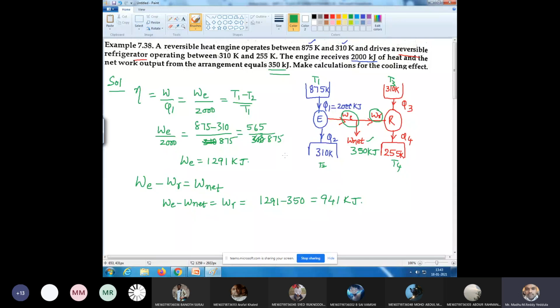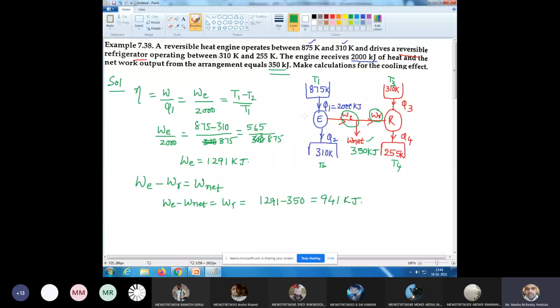Everything is okay, right? Now, how to get the COP? Can anyone define what a refrigerator is? Deliberately, I made one mistake here, but no one is asking. How does a refrigerator work? It takes heat from the lower temperature body and rejects it to the body at high temperature.